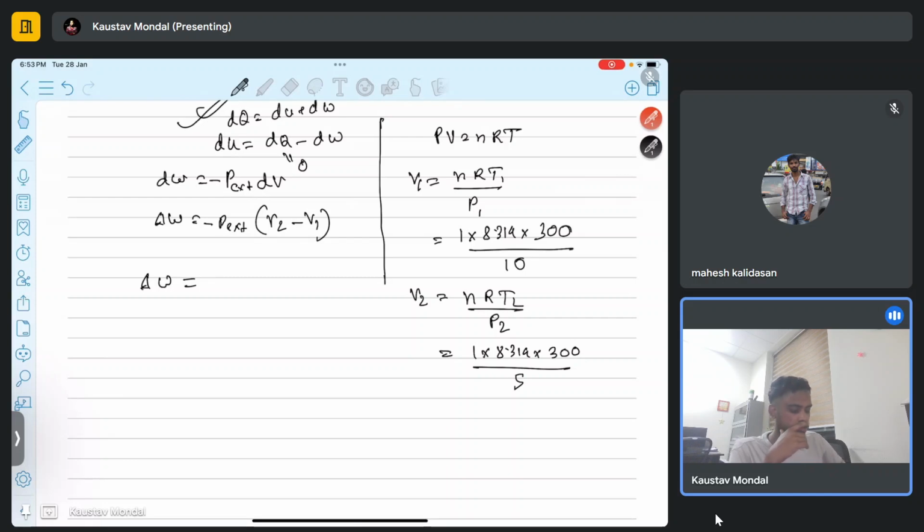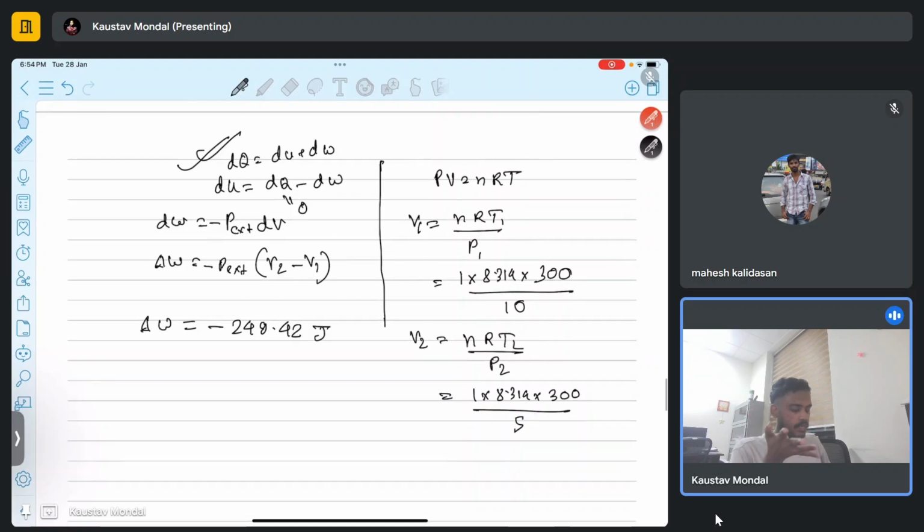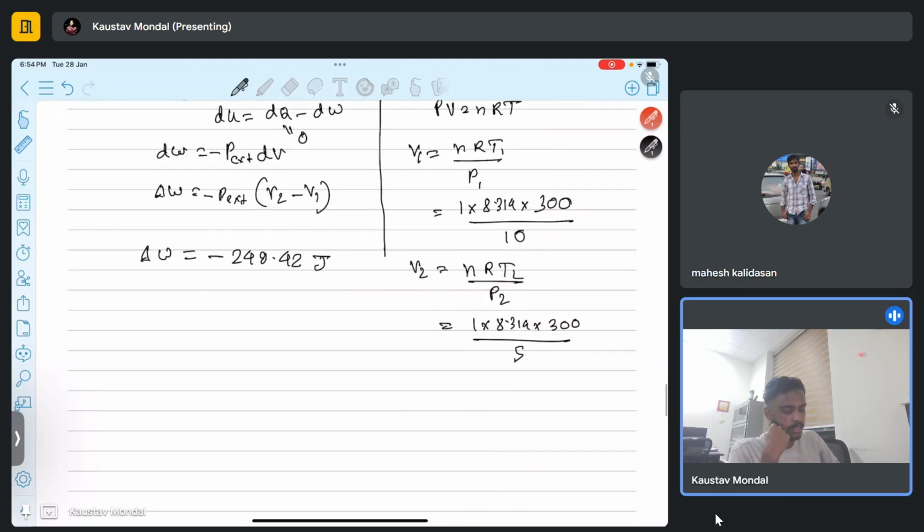If you do all of this and do the calculation, you will get delta W equal to minus 249.42 joule. I'm not doing the calculation, you do it yourself. Just be conscious about the units that you are taking while solving this equation. So this will be the delta W.